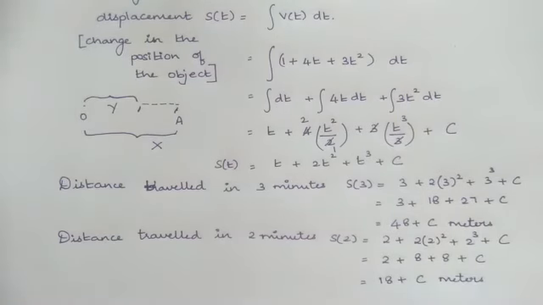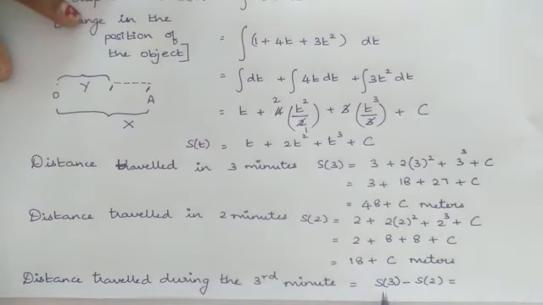Now we are going to identify the distance traveled during the third minute. During the third minute, in the sense from the end of the second minute to the end of the third minute, that's going to be the distance traveled during the third minute. So let's subtract: S of 3 minus S of 2, the distance traveled in 3 minutes minus the distance traveled in 2 minutes.